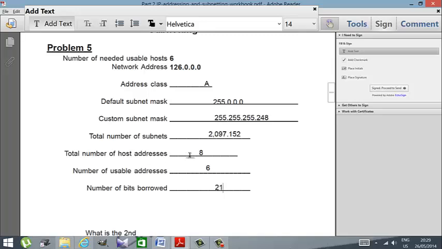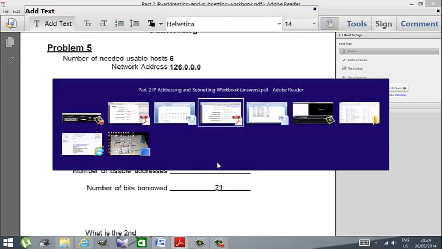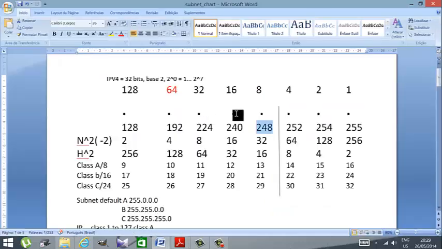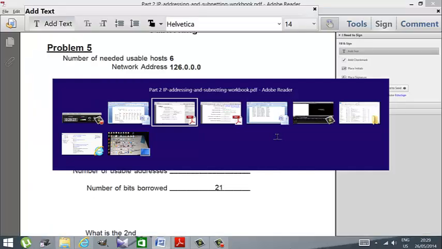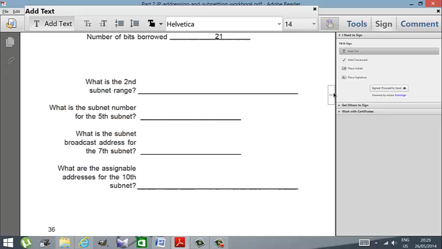Just looking right here, we know our magic number is 8. We go back to our chart, and here on top we have the number 8, which is our magic number to calculate the range. So the question is asking, what's the second subnet range?